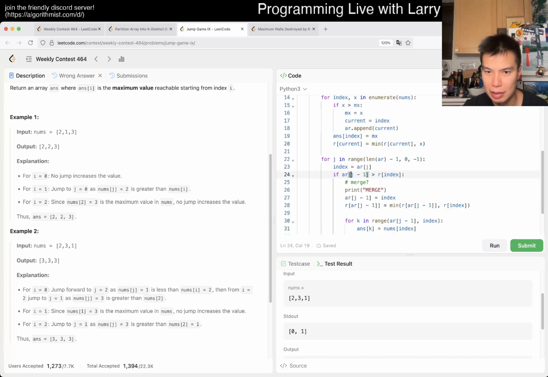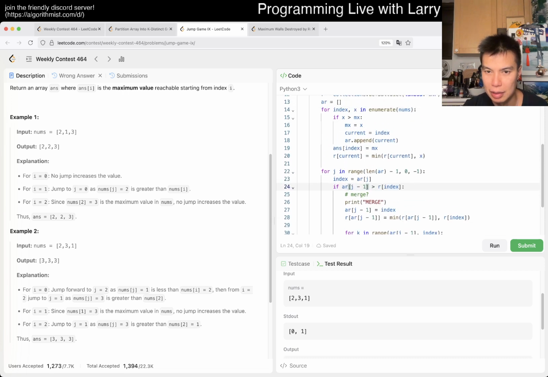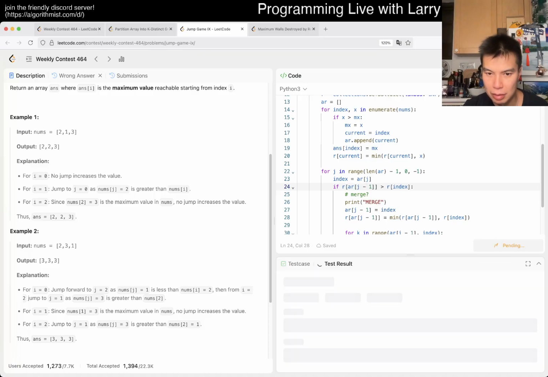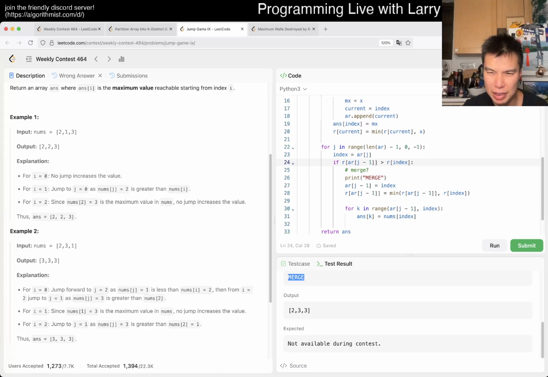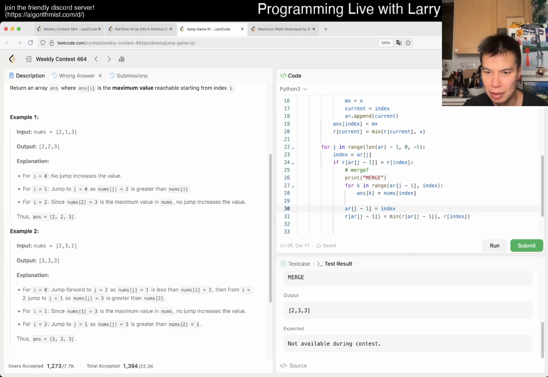AR is the index, so that doesn't even make sense. We need all of this. Merge, okay, so merge is okay, but it is not actually merging, which is not as okay. It's because we update this before we update the merge, so we need the old index.